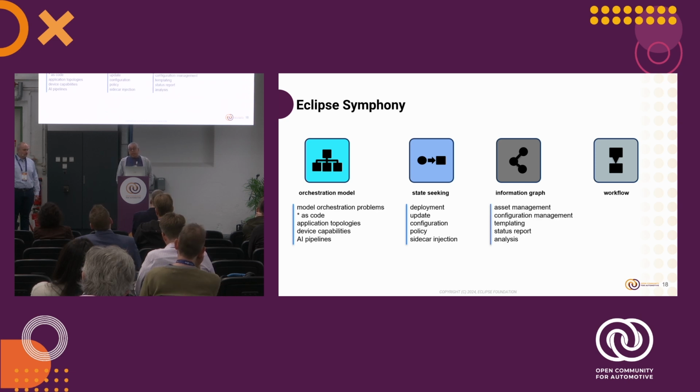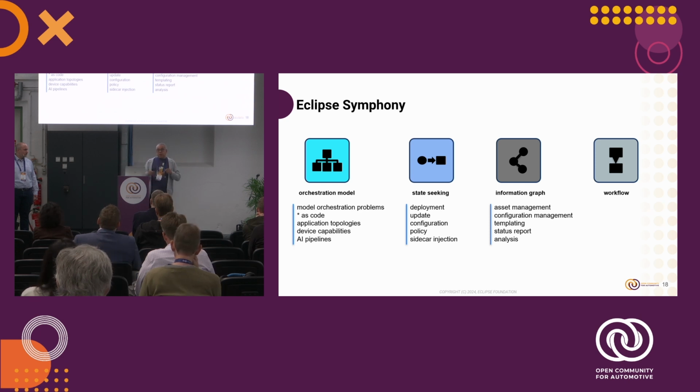It has an information graph. Again, you can completely describe your orchestration topology, right? So you can think about even a scenario where you have your headquarters with a couple of targets, then you have multiple subsidiaries, each with another set of targets, and so on.